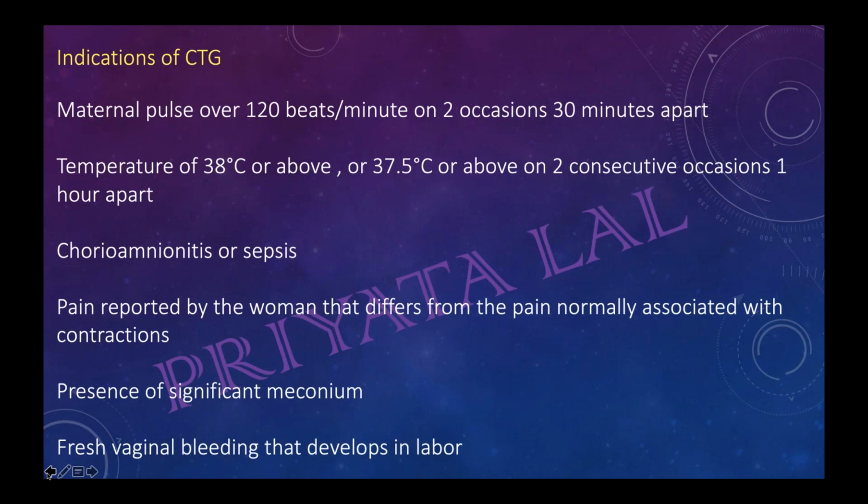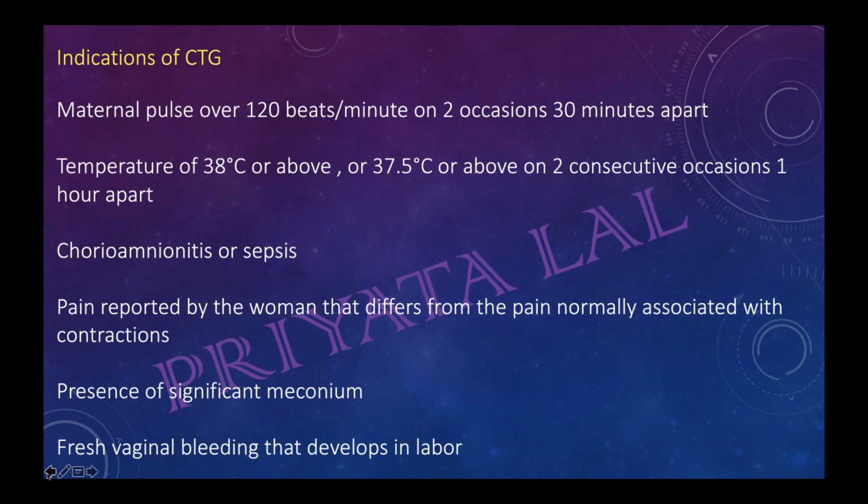These are the indications. When the patient comes to the labor room, they will assess the patient, with clinical examination including general physical examination, abdominal examination, and vaginal examination. In that examination, if any of these indications is there, then they will start continuous CTG monitoring.